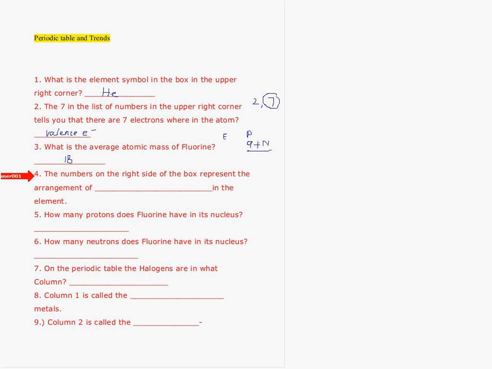The numbers on the right side of the box represent the arrangement of the element. Arrangement of what? What are arranged? If in the periodic table you have to see the elements, then what is actually being arranged after looking at their atomic number?